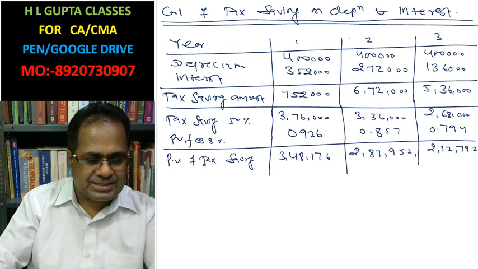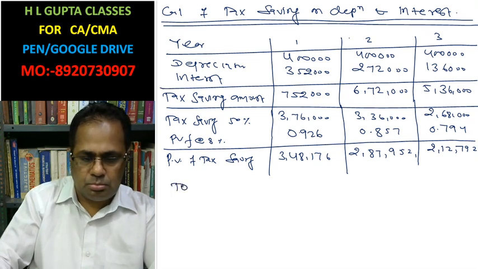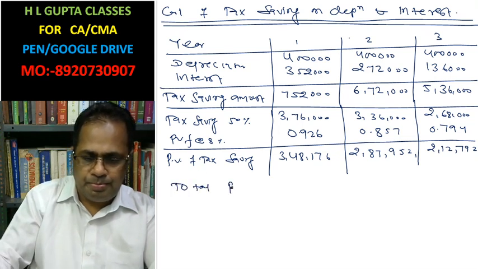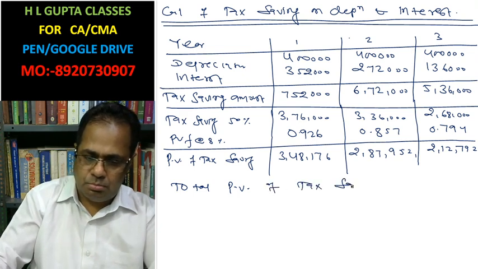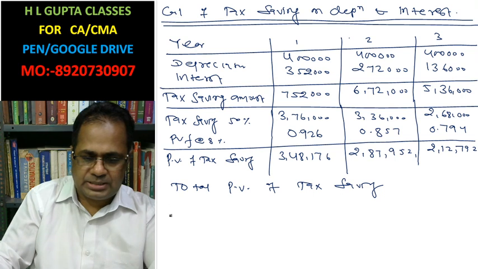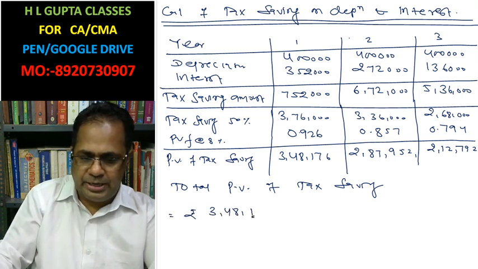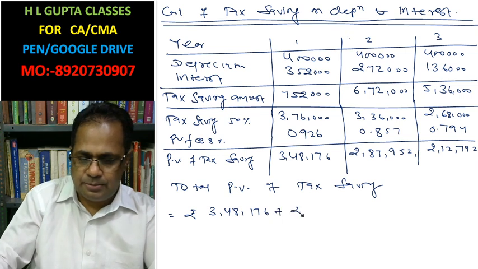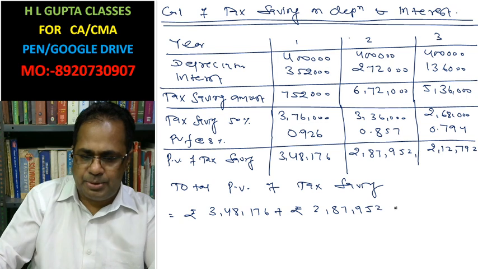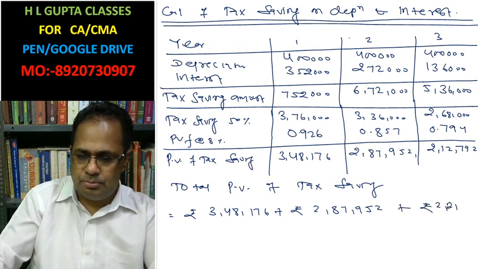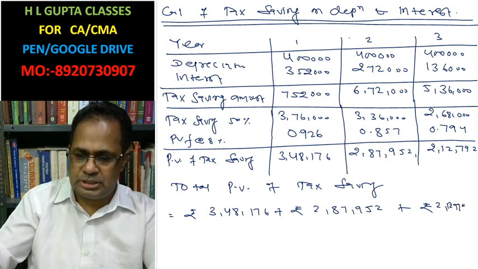Present value of tax saving: 3,48,176, 2,87,952, 2,12,792.